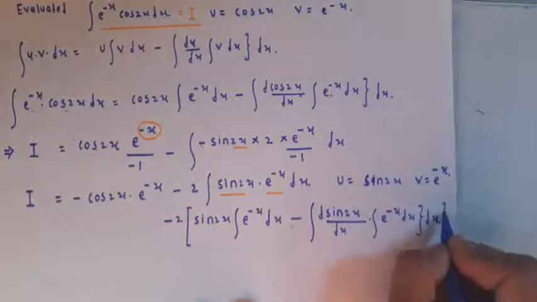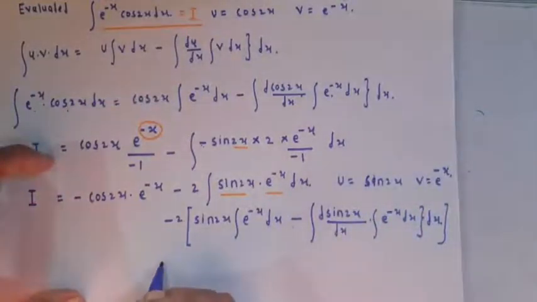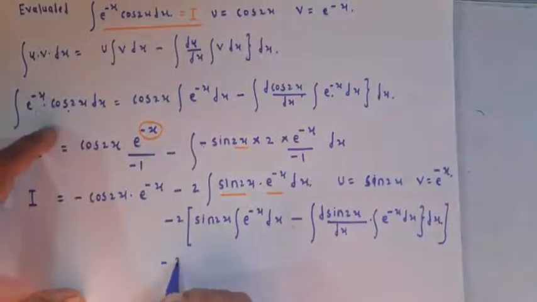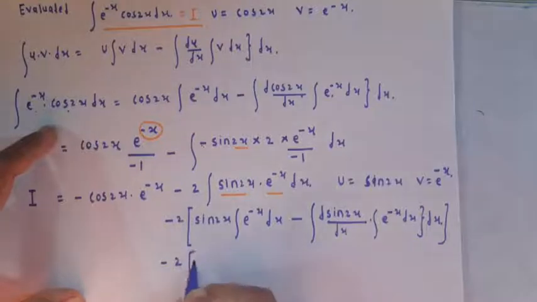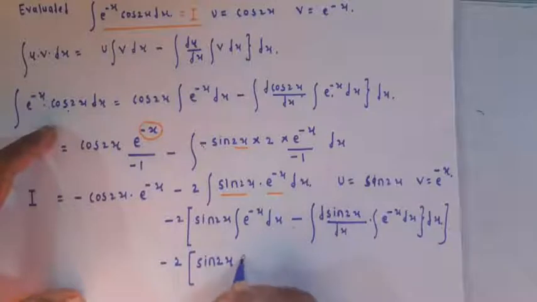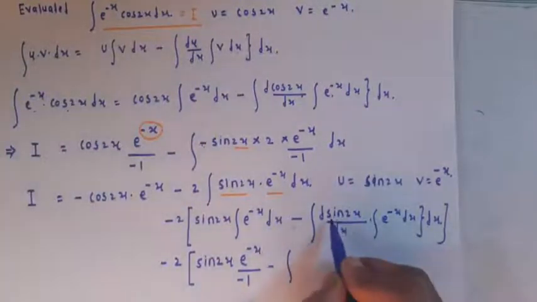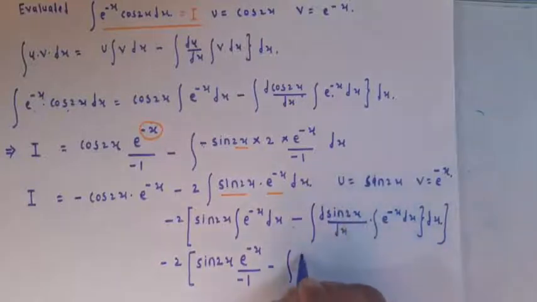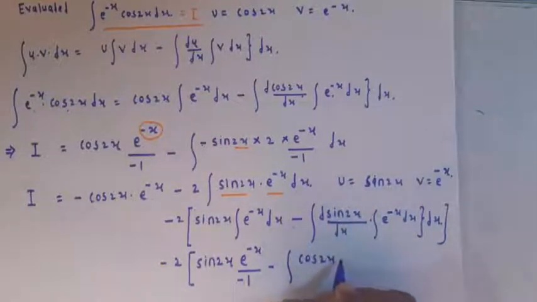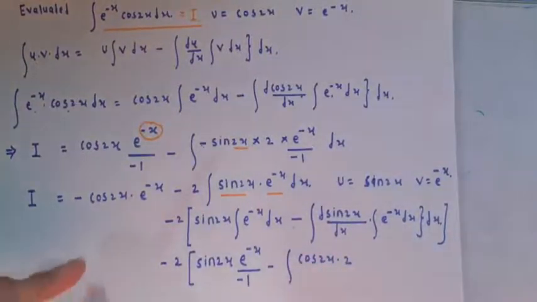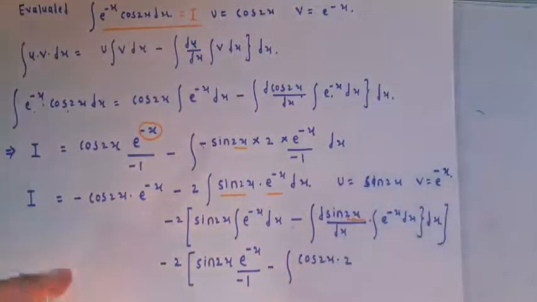Now this is minus 2 outside, then sine of 2x as it is, integration of e raised to minus x is minus e raised to minus x, that is e raised to minus x upon minus 1, minus integration of differentiation of sine of 2x, which is cos of 2x into 2, because this 2x is again a differentiable function.